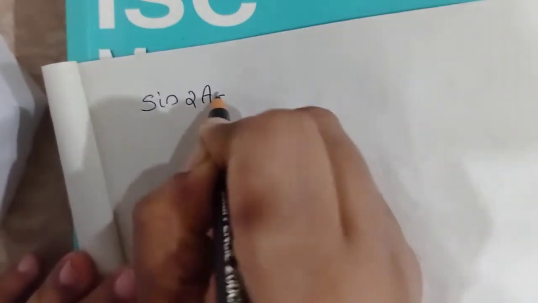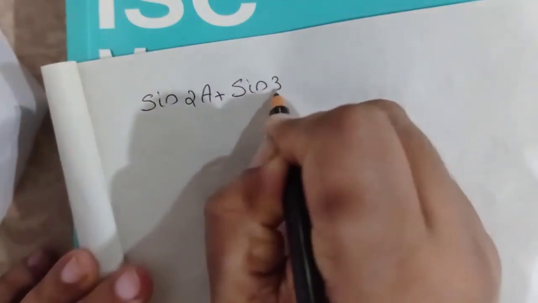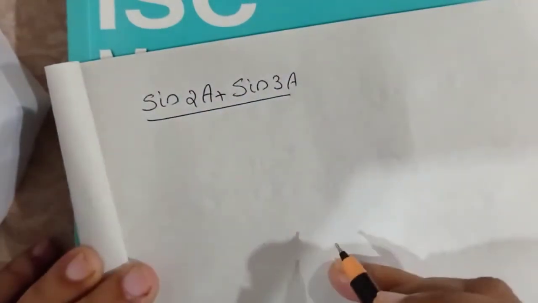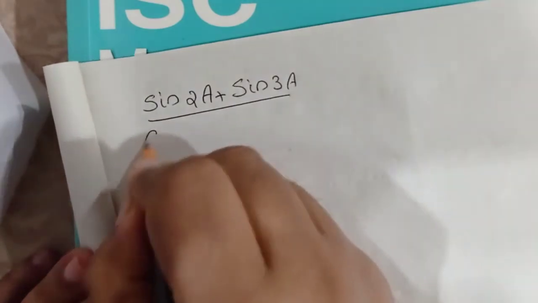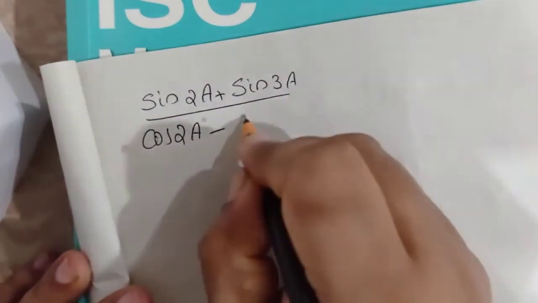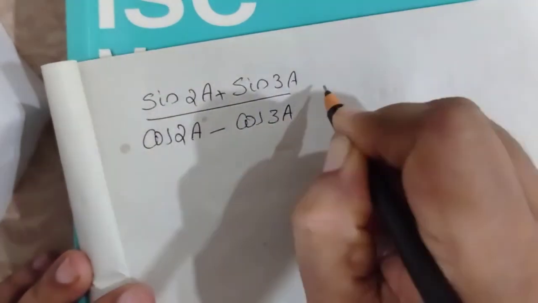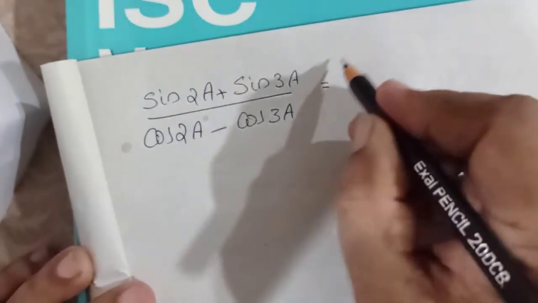Sin 2A plus sin 3A, the whole divided by cos 2A minus cos 3A, equal to cot A by 2.